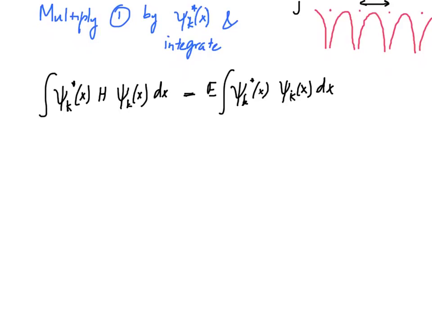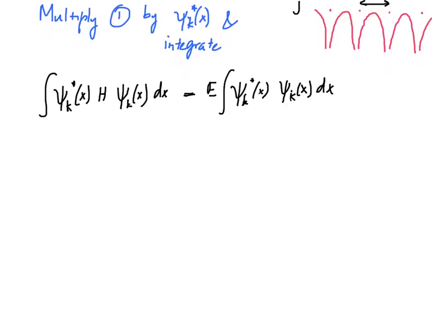The first of which is simply this equation over here. Now let's take a look at the expression on the right hand side. It's got the energy E times an integral of psi star of x times psi of x integrated over all of space.